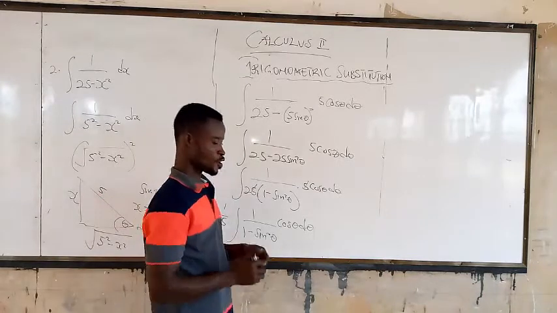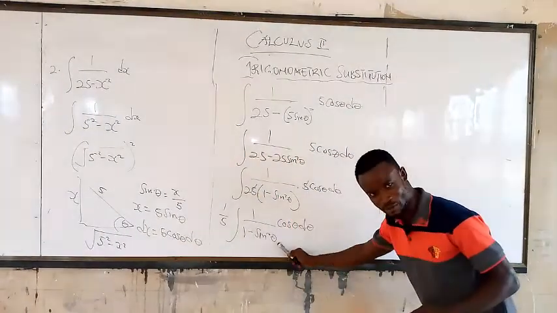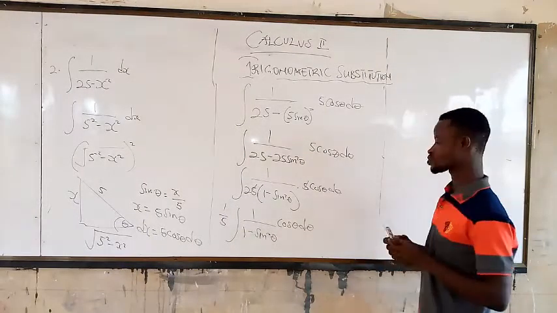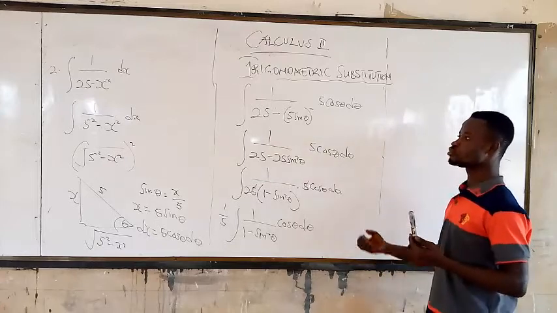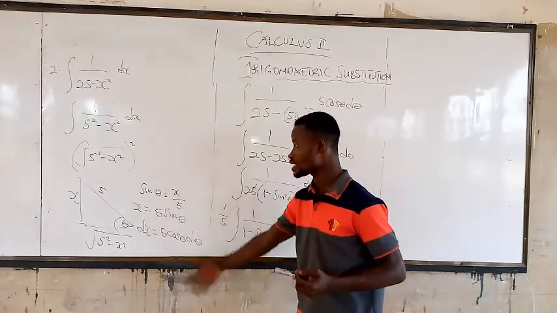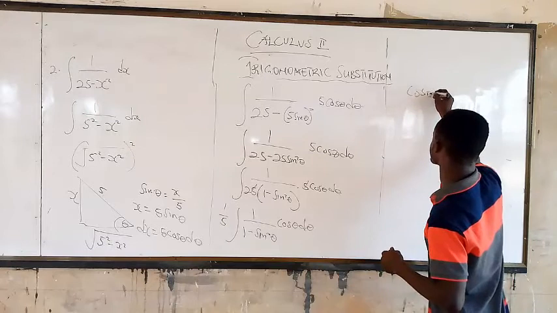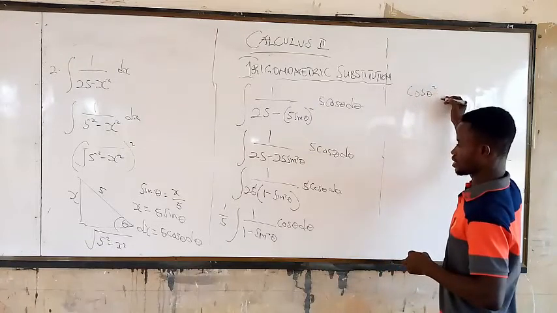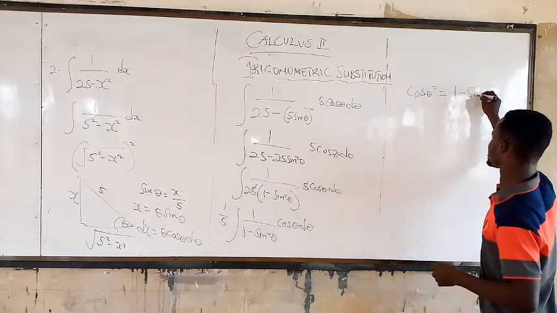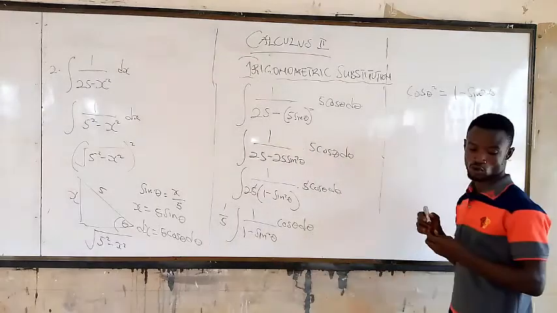But we know that trigonometric identity. As we said, anytime you introduce the sine, you will definitely need cos squared theta. And cos squared theta is equal to what? 1 minus sine squared theta. So this 1 minus sine squared theta is exactly cos squared theta.